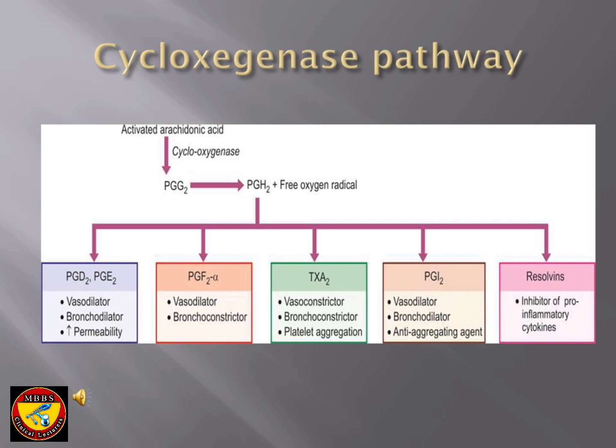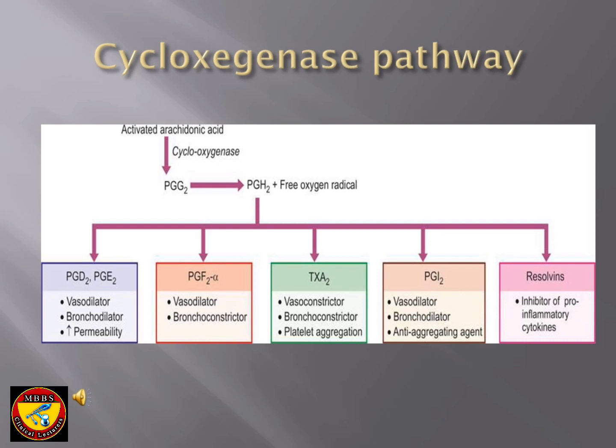Apart from vasoconstriction, it also causes bronchoconstriction and platelet aggregation, while others have the opposite effect, like PGD2 and PGE2, which are vasodilators and bronchodilators, while PGI2 is a bronchodilator, vasodilator, and anti-aggregating agent.